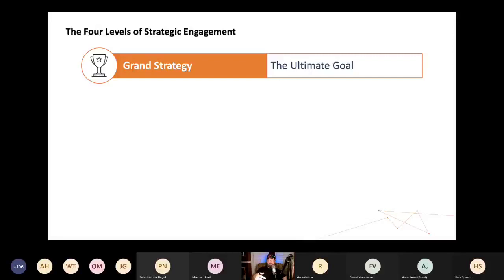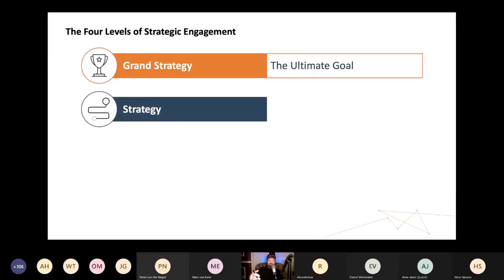Those are the president or a prime minister of your country, or perhaps the CEO, the board of directors, the president of your company, somebody like that, the highest level people. Where as high as it can be, those are the grand strategic actors. They are going to define the ultimate goal. They might do it explicitly, they might do it implicitly, but they are going to define that.